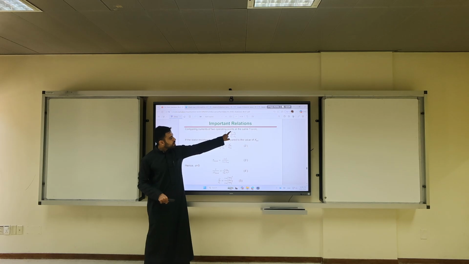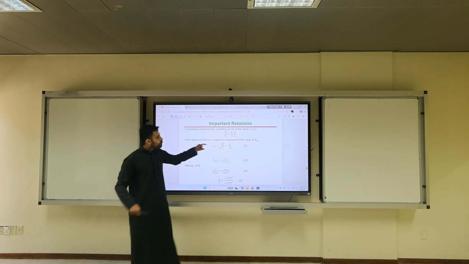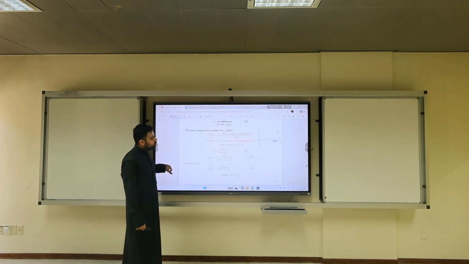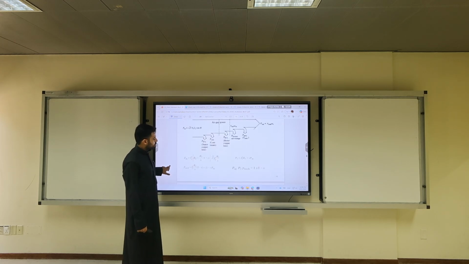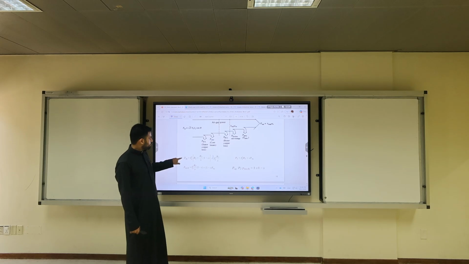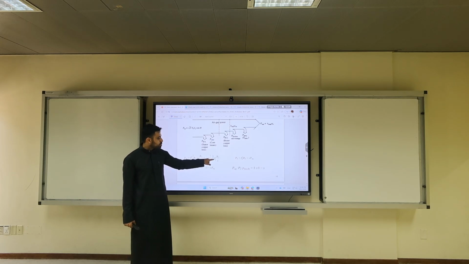You will divide the ratios of the current squares times slip 2 over slip 1. Where did we get this? We get this from the air gap equation, which is I squared over S.